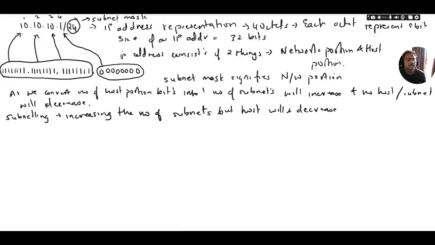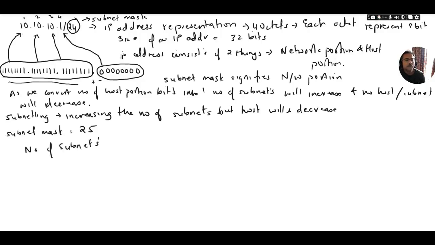Now let's convert one bit of the host portion to 1. So this will become 1, and the subnet mask will become 24 plus 1, that is 25. Now how do you calculate the number of subnets?